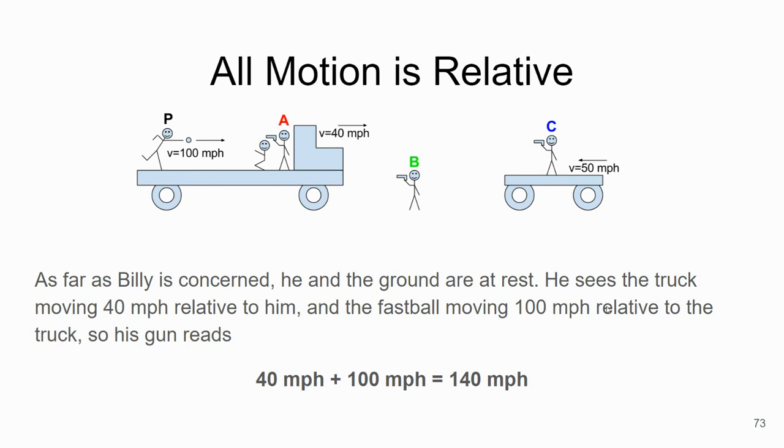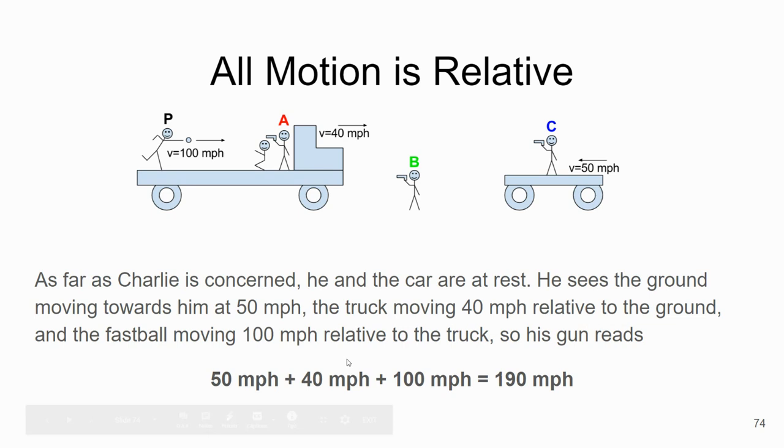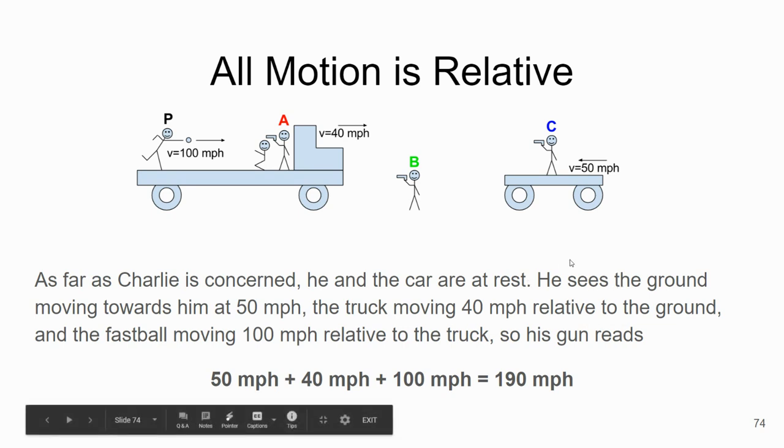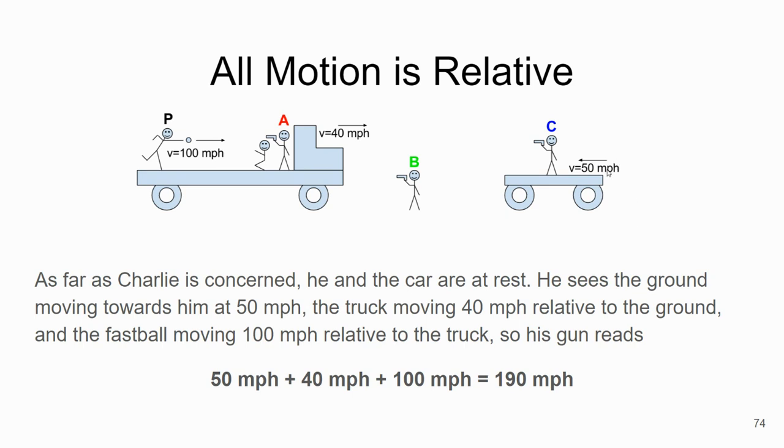And finally, the tricky one, we get to Charlie. Charlie's radar gun is going to measure 190 miles per hour. The reason being, Charlie and his radar gun and the car are all going to claim that they are at rest. Billy says, no, the car is going 50 miles an hour west.